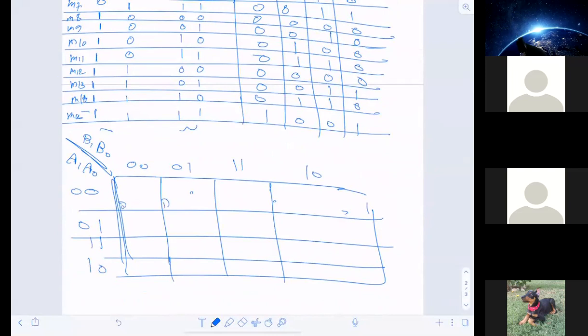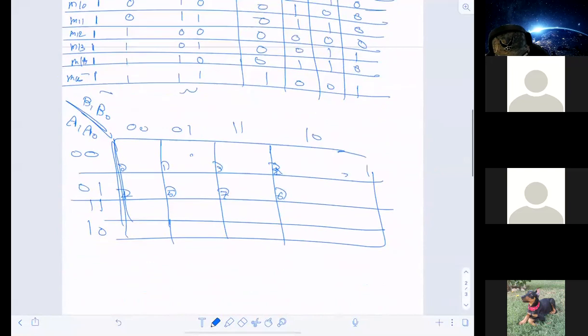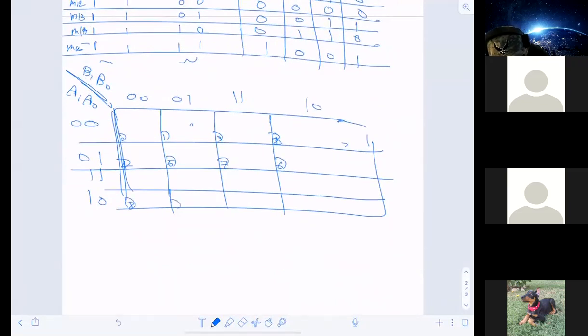Location 0, location 1, location 3, location 2, location 4, 5, 7, 6, location 8, 9, 11, 10, and location 12, 13, 15, 14.